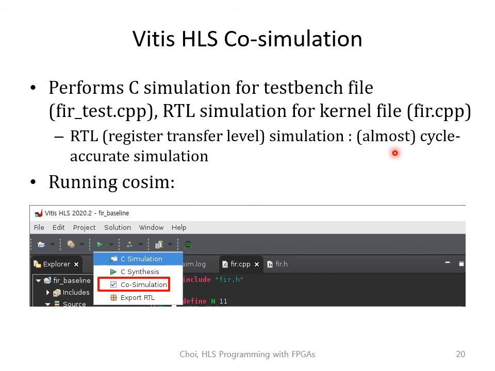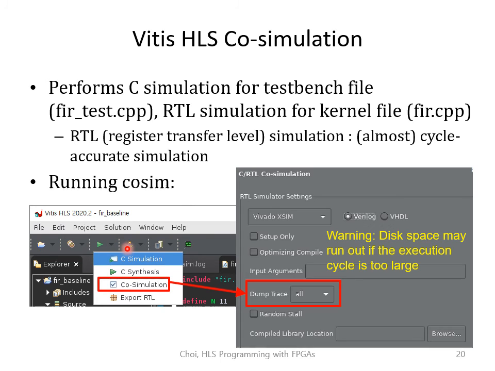In order to run co-simulation, click on the co-simulation in the pull-down menu. Next, you have an option of viewing the waveform in the co-sim. You can leave dump trace as none if you don't want to see the waveform.